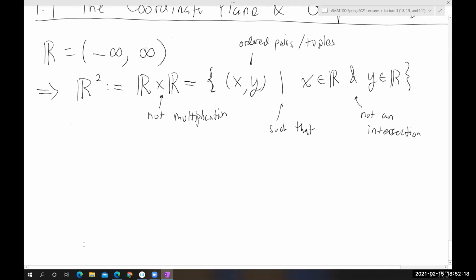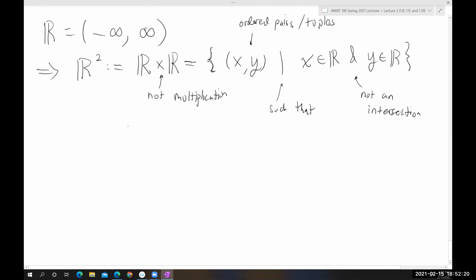And there's a way of representing this geometrically, and it's with a coordinate plane. You have two copies of the real line, sort of orthogonal to each other, and these ordered pairs give rectangular coordinates.